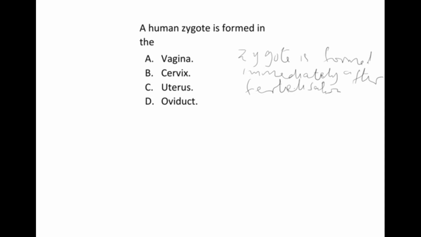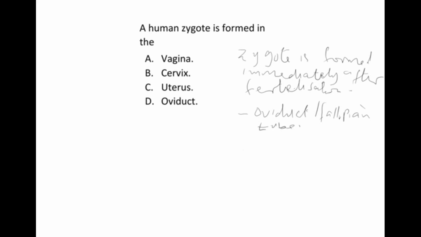Fertilization, which is the union of the ovum and the sperm, usually takes place in the oviduct. Also, you can call it the fallopian tube. That's where it takes place.